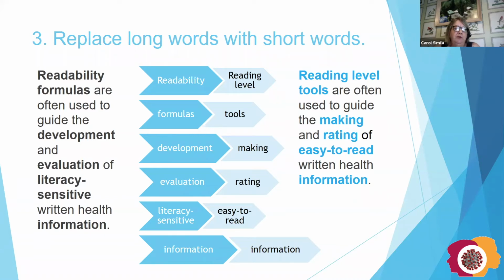So going from readability formulas are often used to guide the development and evaluation of literacy sensitive written health information, we get to reading level tools are often used to guide the making and rating of easy to read written health information. And that could even be shortened further as I think about it, because if it's easy to read, then clearly it's written. So you wouldn't even need to use the words written health information. But that's just the way I think. As I read these things, I'm always kind of trying to streamline them down to smaller collections of words.